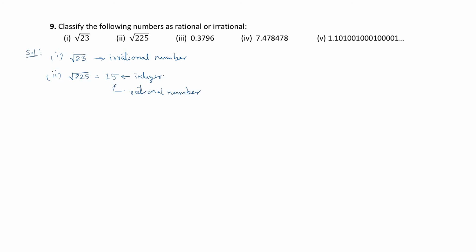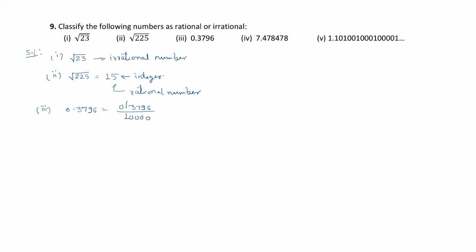Let's take problem number three. It is 0.3796. Let's try to convert it into the form of p by q. We can write it as 0.3796 by 1. To cancel out the decimal, there are 4 places after the decimal, so we will put 4 zeros after 1.